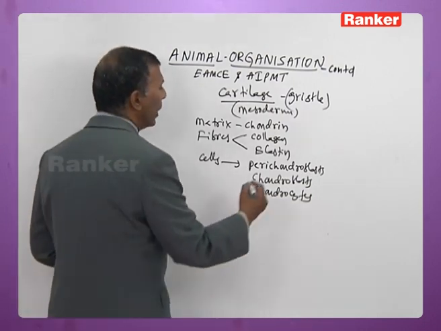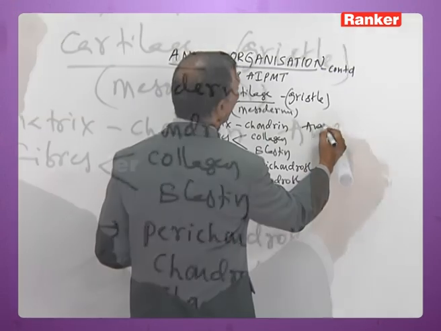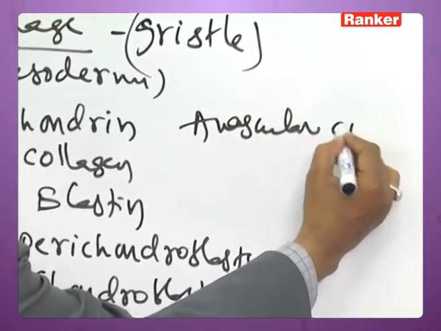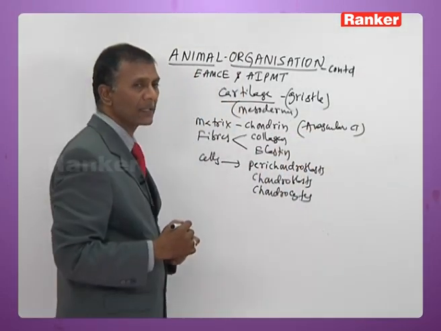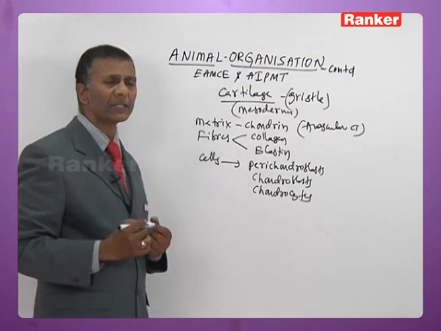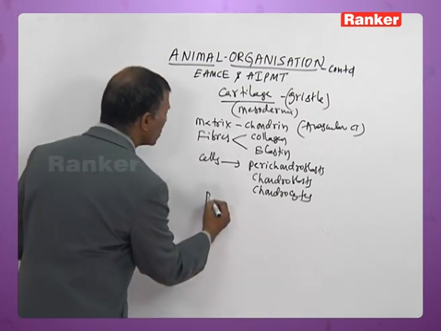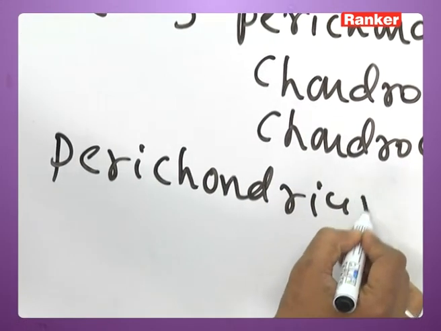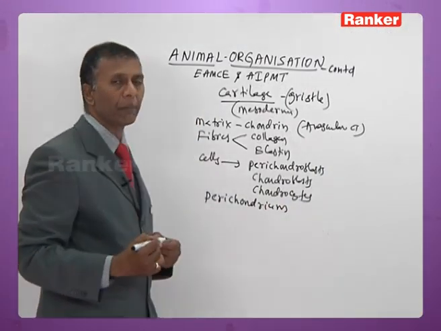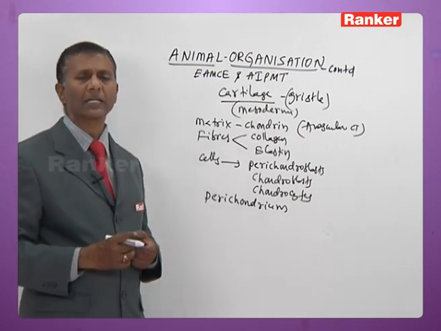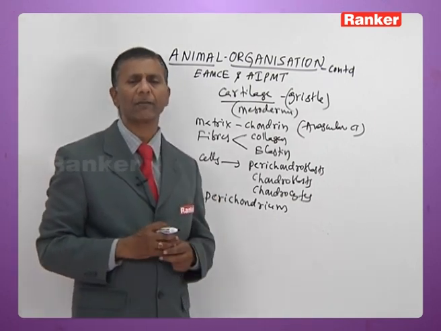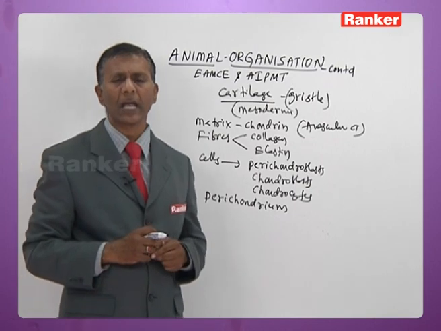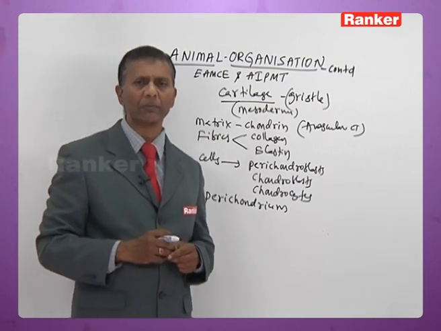Now, cartilage is non-vascular. It is an avascular connective tissue without any blood vessels. However, it derives nourishment from a dense connective tissue sheath called perichondrium. Perichondrium is made up of mesenchymal cells, collagen and elastin fibers, blood vessels and nerve fibers. It supplies nourishment to the cartilage by diffusion.